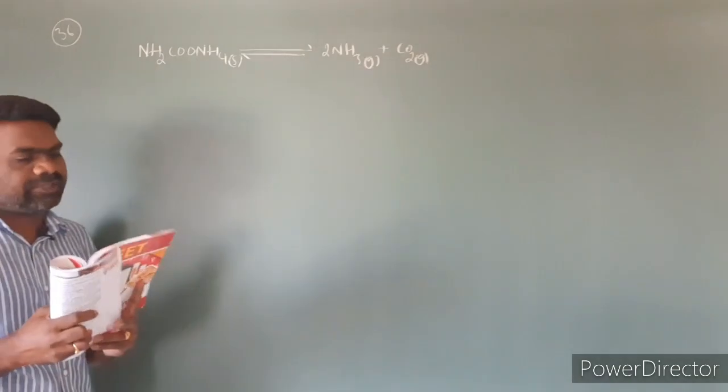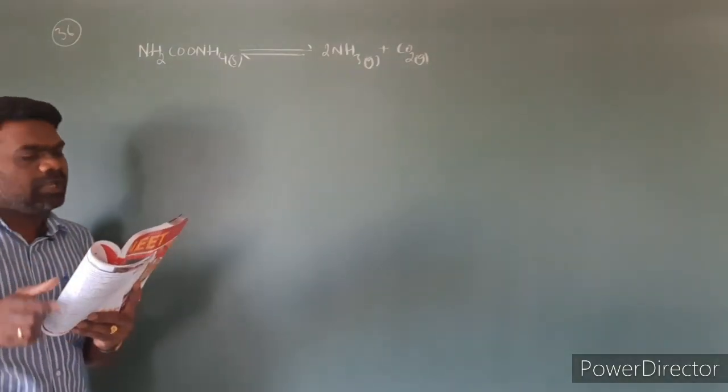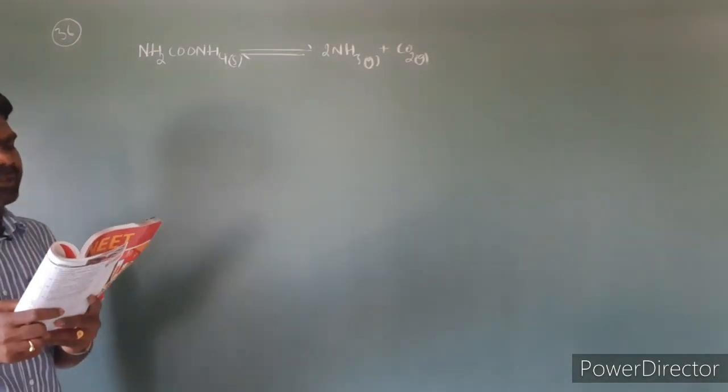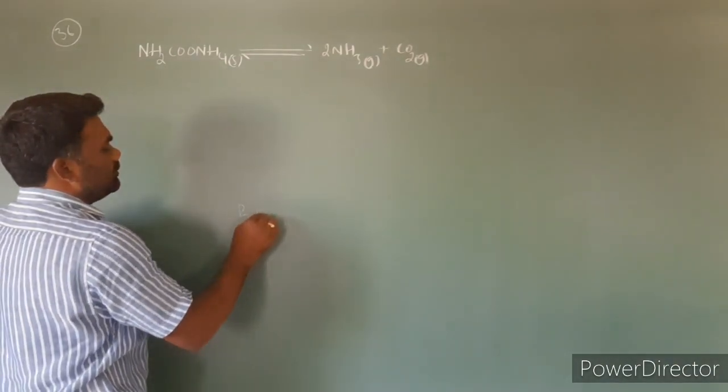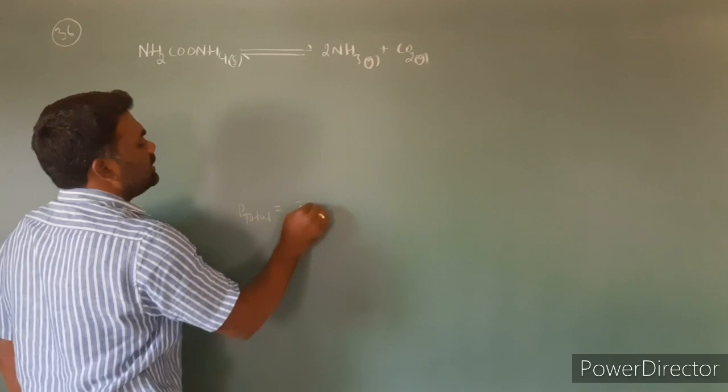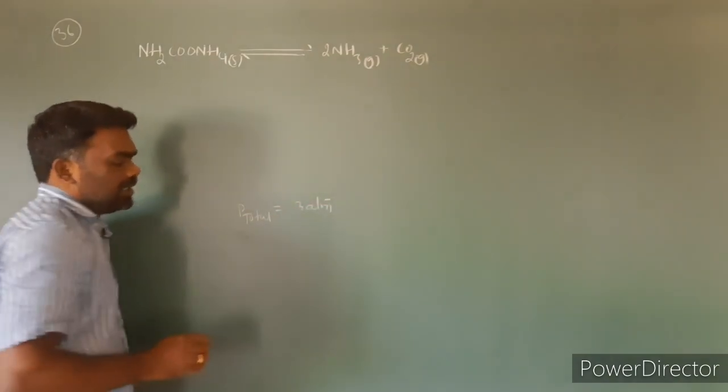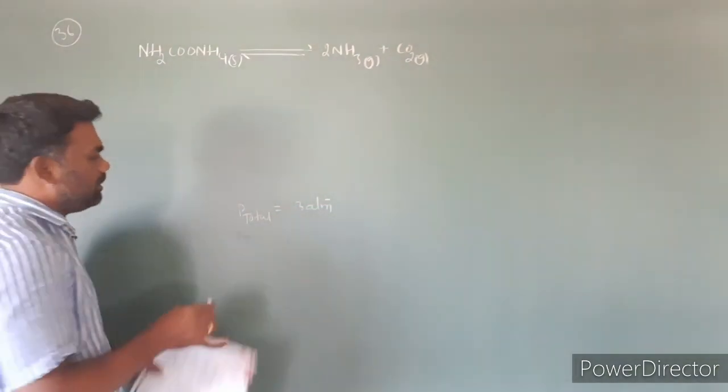The data given is that the equilibrium pressure is 3 atmosphere for the above reaction, so P total is given as 3 atmospheres. We have to calculate the Kp for the reaction.